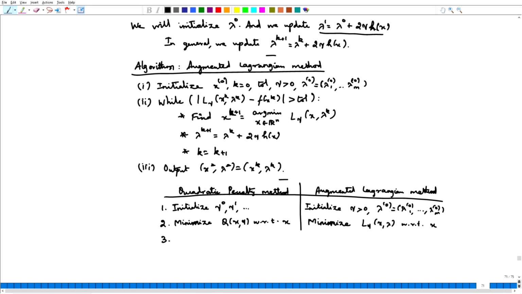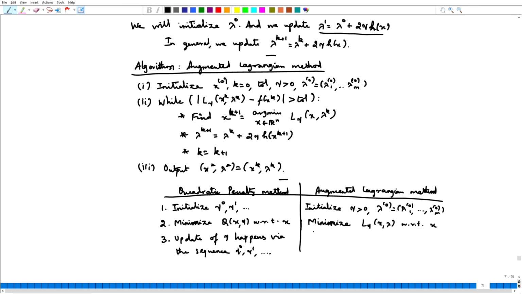And so the update of gamma happens via the sequence gamma naught, gamma 1, dot dot dot. Maybe here I should have referred to this as h of x k plus 1. So, we have found x k plus 1 here.